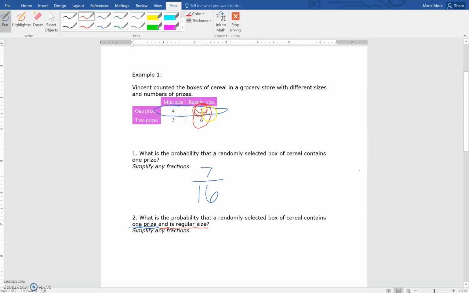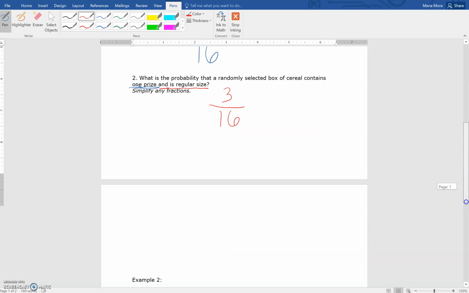So it's 3 out of the whole total, which is again the 4 plus 3 plus 3 plus 6, which is 16. We don't have to simplify either of these fractions because this is the most simplified way.